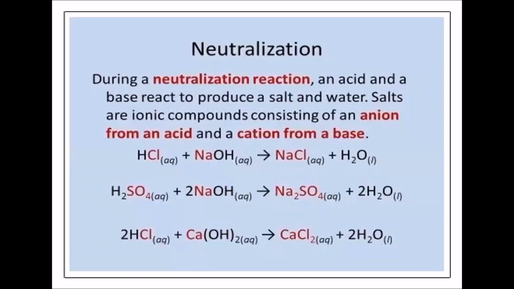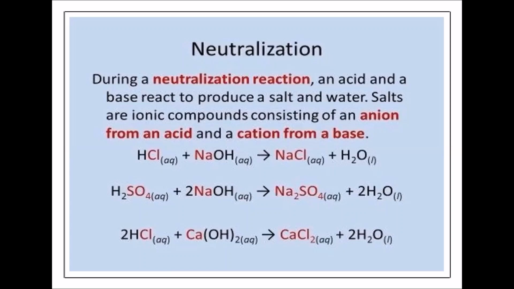So what is meant by neutralization? During a neutralization reaction, an acid and a base react to produce a salt and water. Salts are ionic compounds consisting of an anion from an acid and a cation from a base, and we know ions. Charged atoms are known as ions. We have two types of ions, anion and cation.